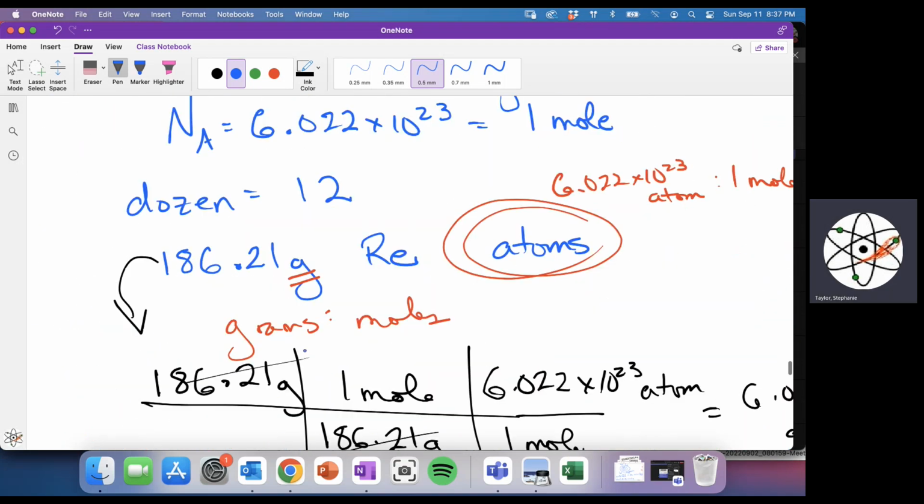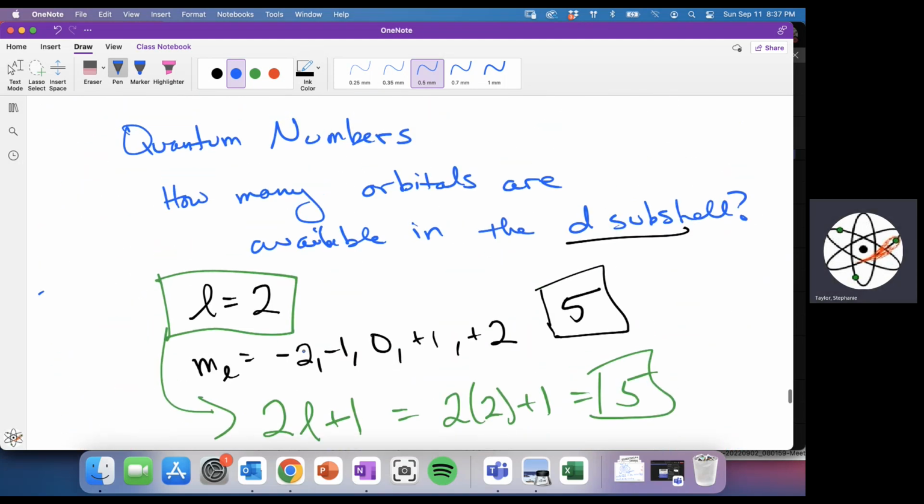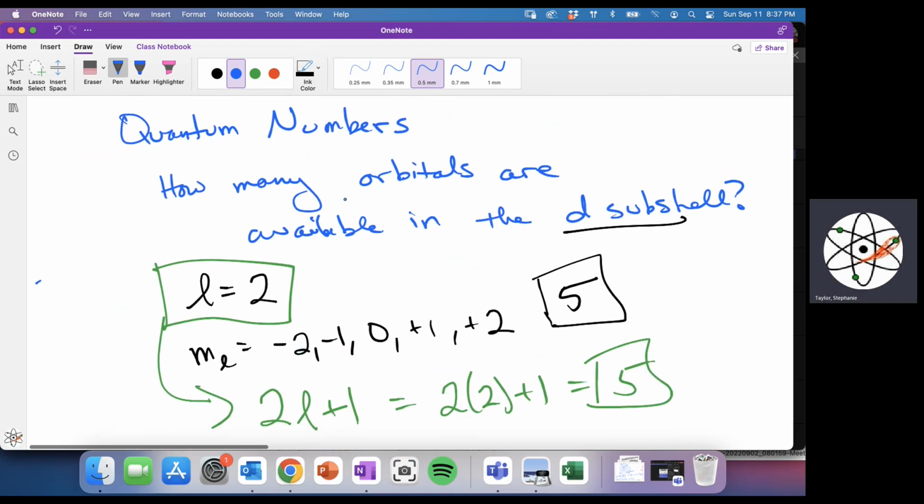Quantum numbers. So earlier in this video, we were talking about quantum numbers and how many orbitals are available in the d subshell, and this had an actual number. If I had asked a different question, but this is what we're going to talk about, is this idea of m sub L, values of L, things like that.